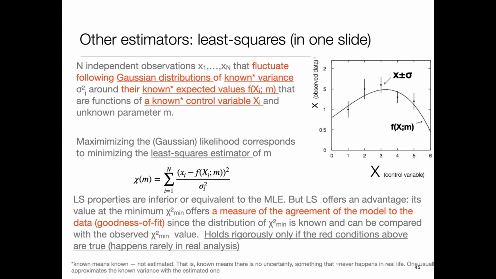And known means exactly known, that there is no uncertainty to that, which is, of course, a case that never happens. So what is usually done is that we approximate this ideal known variance with an estimate of the variance that we get from our data themselves, and hope that the least squares properties still hold even with this approximation, which is often the case, in fact.